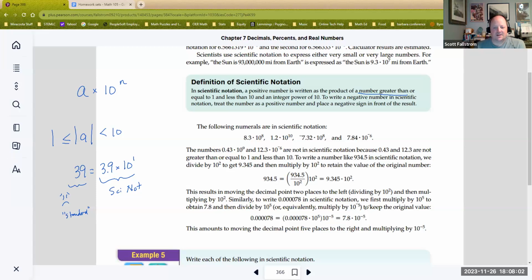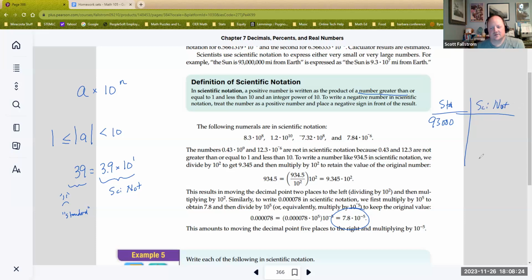If you see something in scientific notation, you can move it forward and backwards. So taking something that's in standard form, putting it in scientific, and going back and forth, guarantee that's in the homework. So if you had something like this, and this is standard, we could say put that into scientific notation.